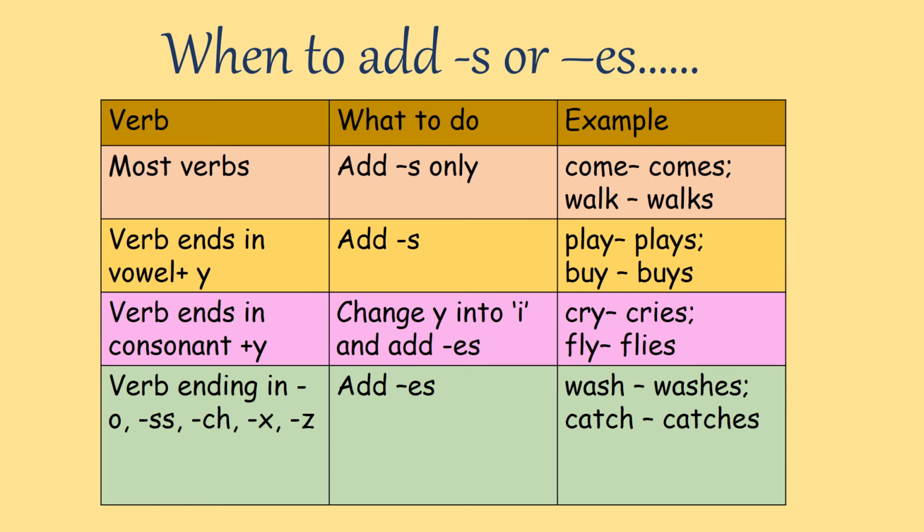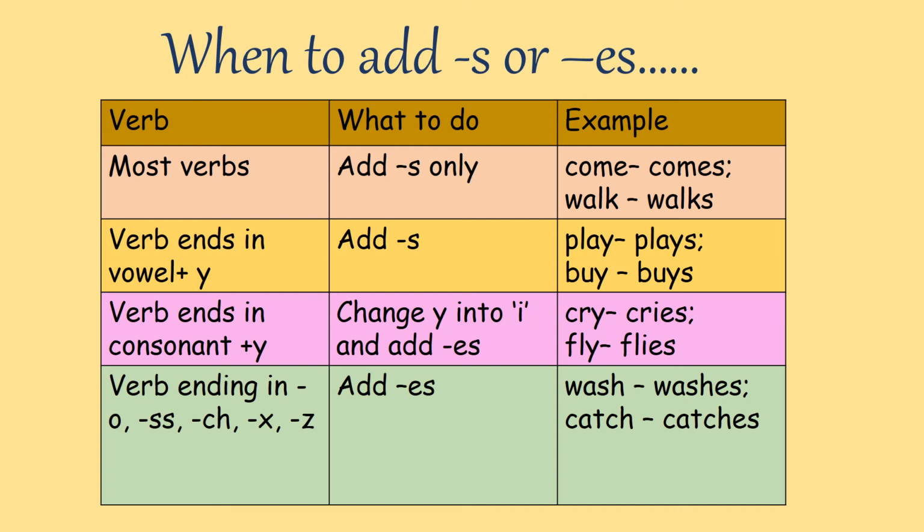But if the verb ends in a consonant plus Y. For example, study. Now D is a consonant and then Y. For example, fly. L is a consonant and then Y. Try.